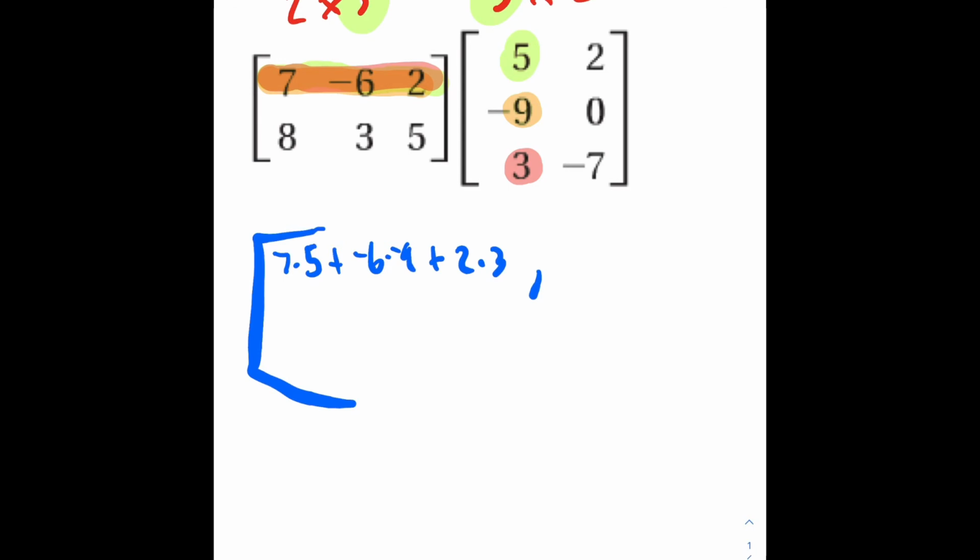That's what goes in my first box, or my first column.